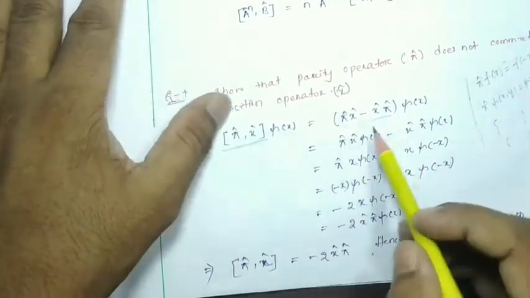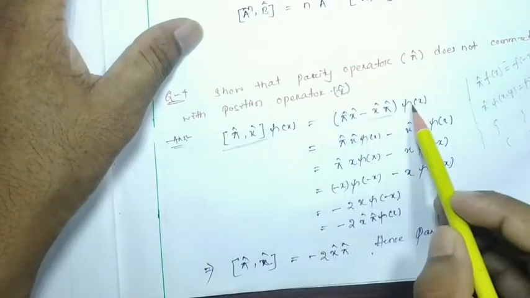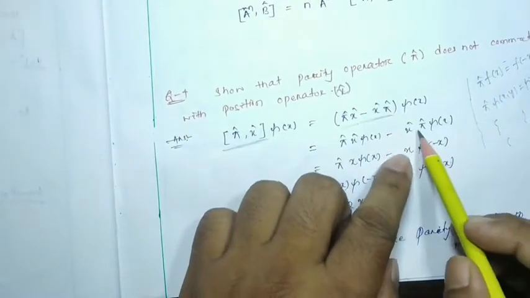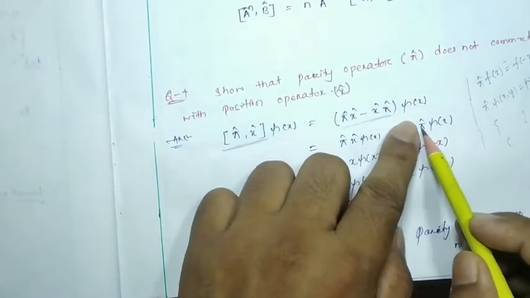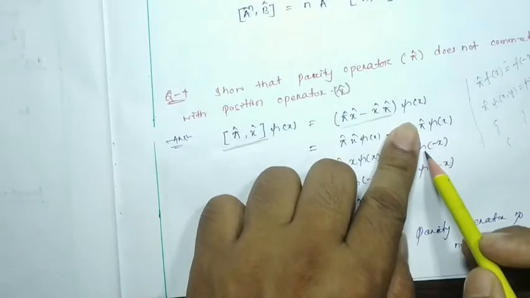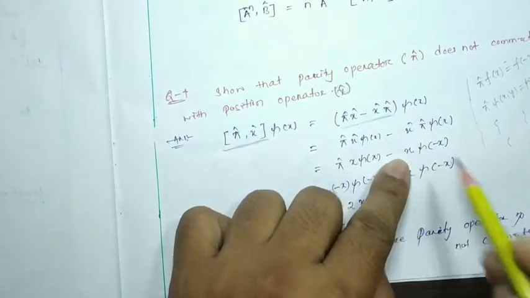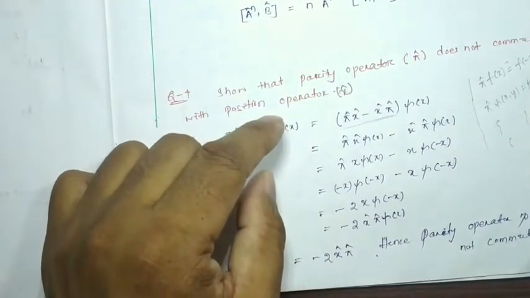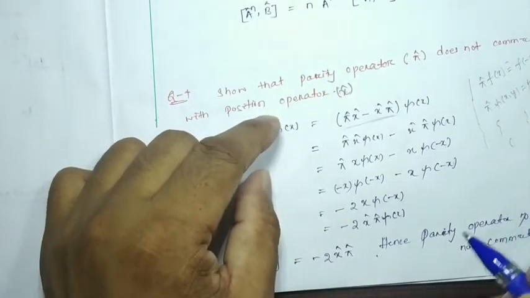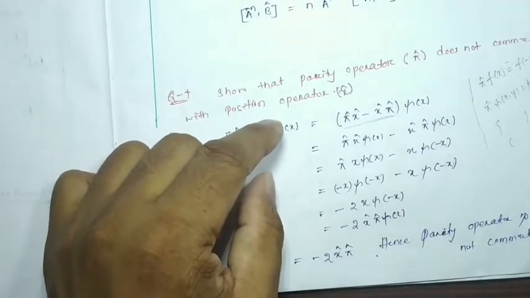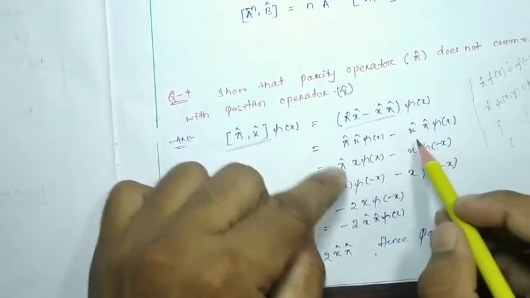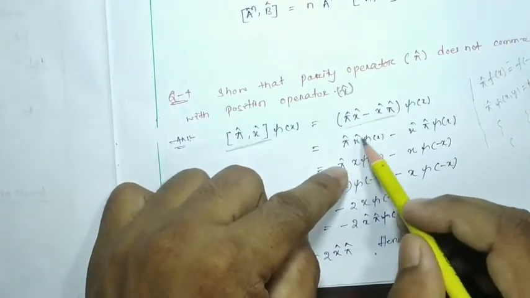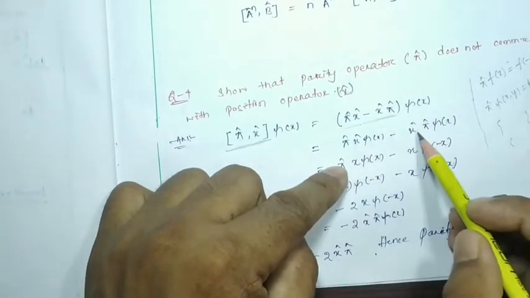Okay, so now pi cap x cap psi(x) minus x cap pi cap psi(x). Here you can see that x cap, first pi cap is operated over psi(x), so it will be x psi(minus x). x is there, and here for the position operator x cap, the value is x.